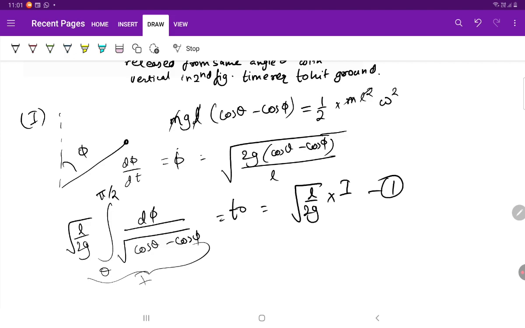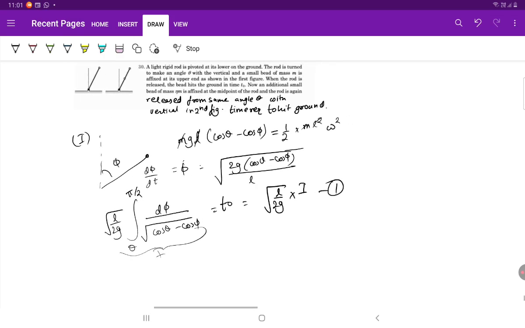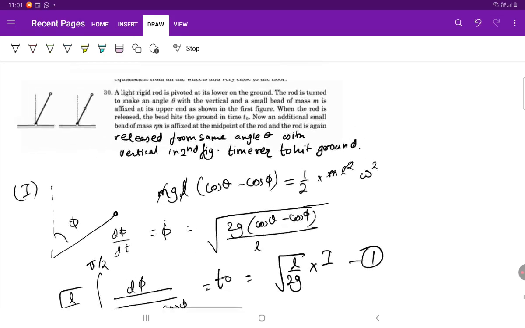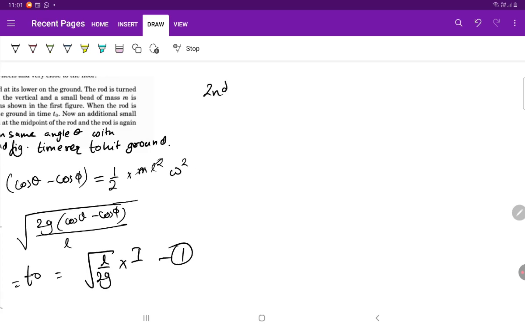Now in the second case, my moment of inertia will basically change, and similarly the work done by gravity will also change, because in the second case a bead of mass eta m is fixed at the midpoint. Suppose my system has descended by some angle phi.